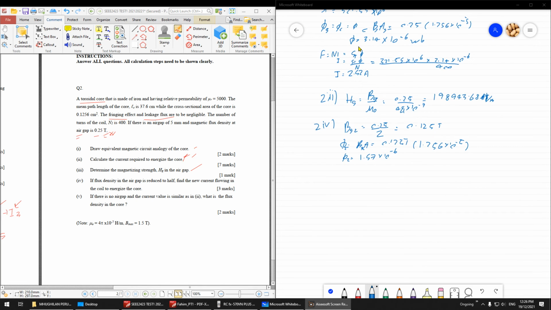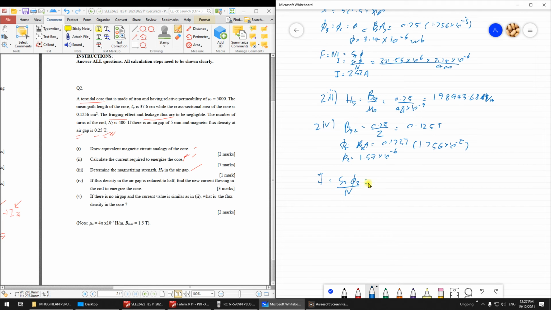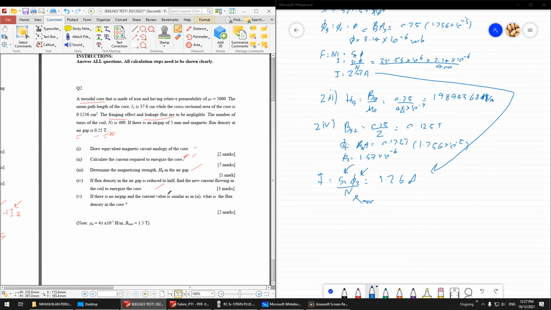Basically you just cut the flux by half. So I is equal to the total flux over S times N, so basically you get 1.26. This one uses the new value, and N is 400, the same as before. So basically your current is reduced by half. Okay, you solve. Then number 4.